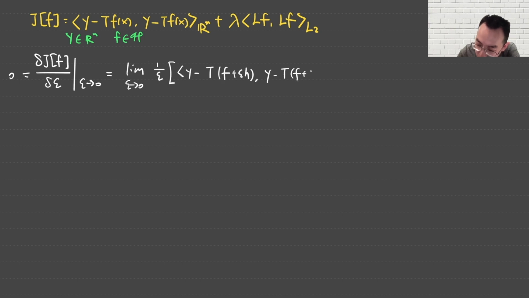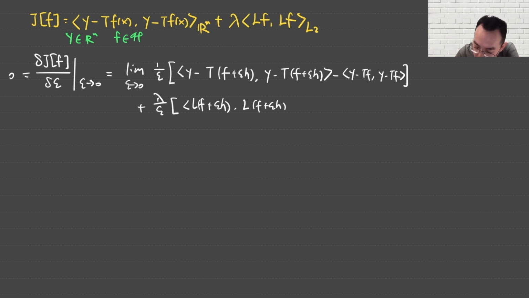That's the first term. Then we have the second term, epsilon lambda, the norm of L(f plus epsilon h), minus the norm of L f. I should say this is the L2 norm, and this is Rn.